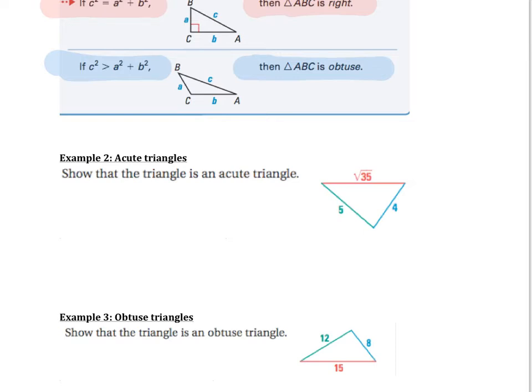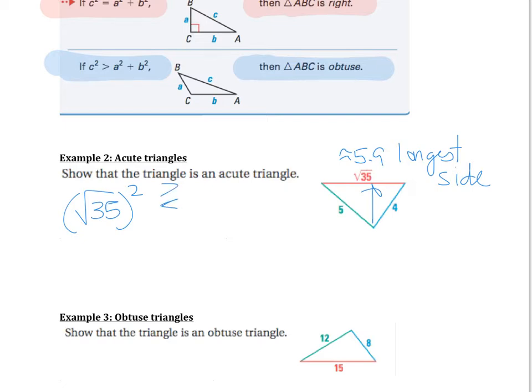So looking at this example, again, the longest side, well, you probably don't know what the square root of 35 is, but I did figure it out, and it's approximately 5.9, so this is the longest side. So does the square root of 35 squared, what symbol is going to go in here?